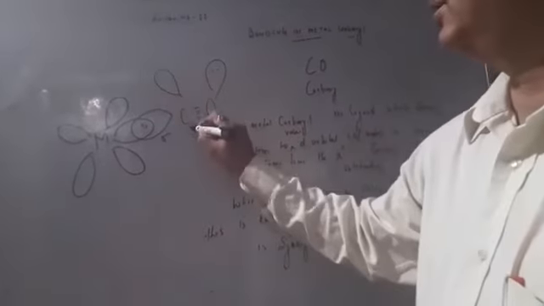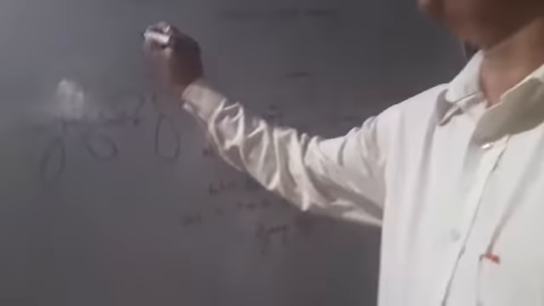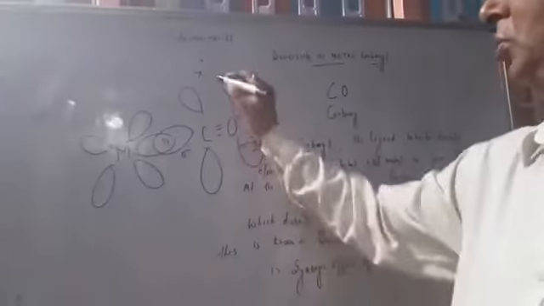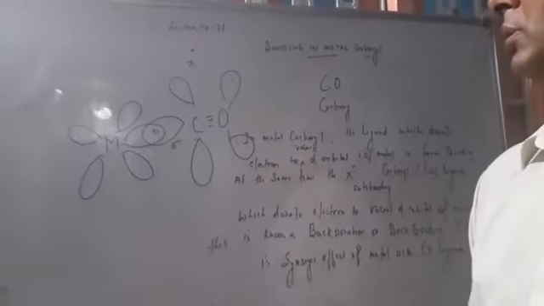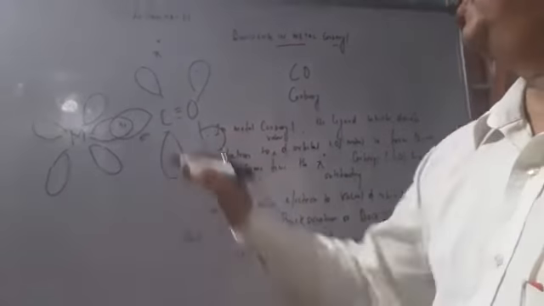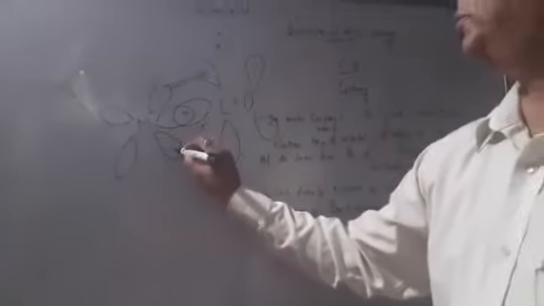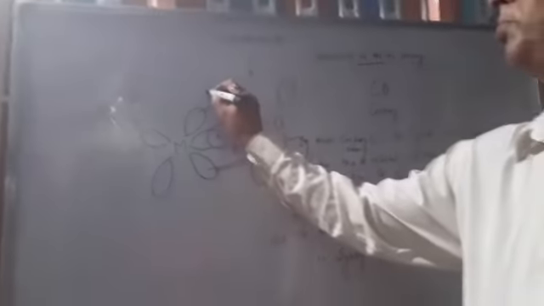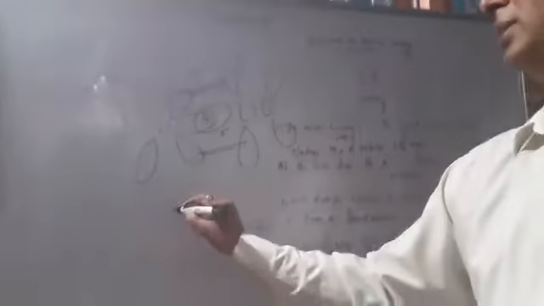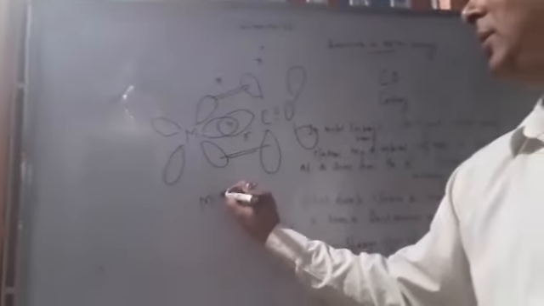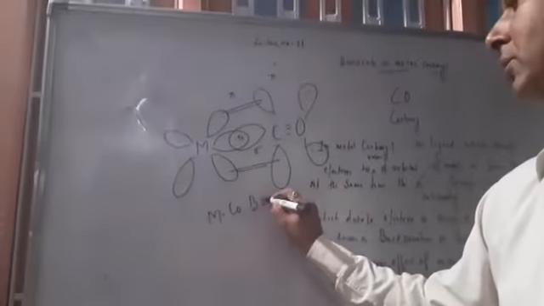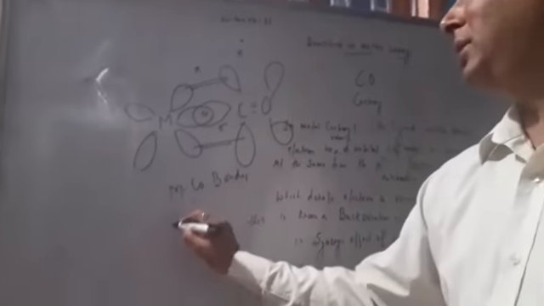At the same time, the pi antibonding orbital of CO, which contains electrons, donates electrons to the vacant orbital of metal to form a pi bond. This is metal-CO bonding. This is the synergy effect.